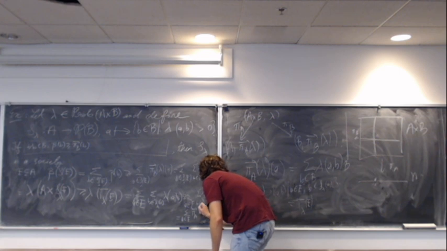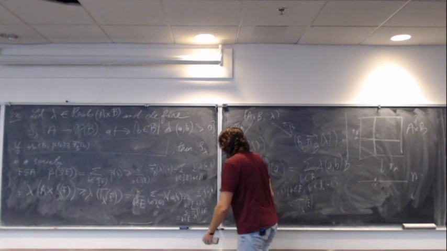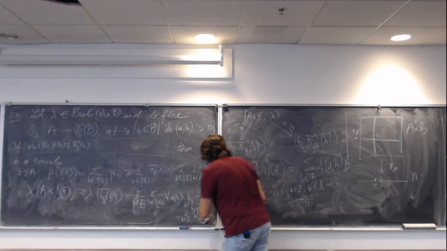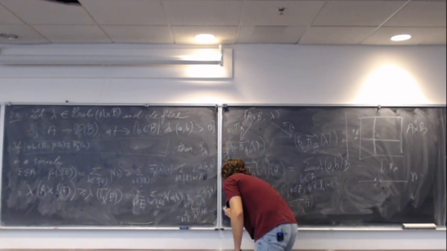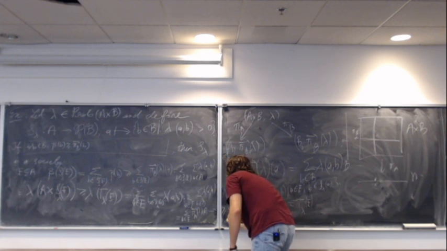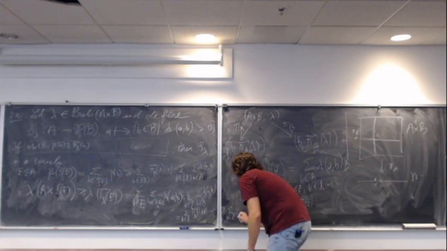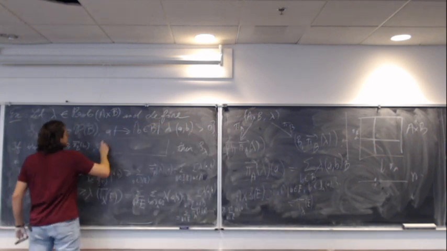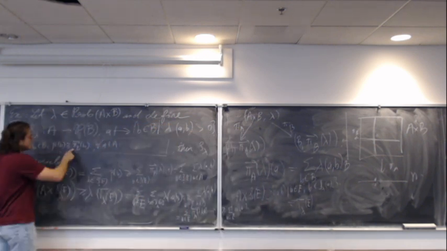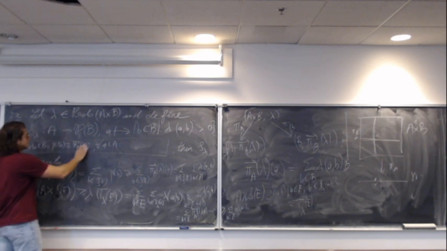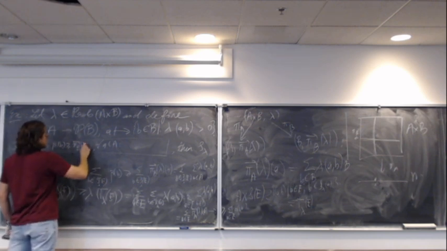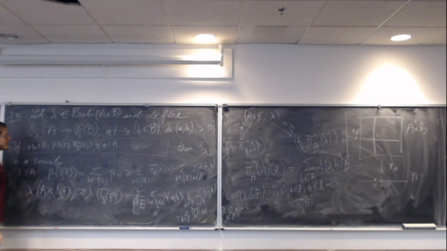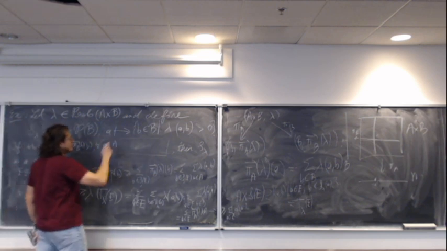Push lambda to A of A. So here I need, so this is equal actually, and then this I want to dominate alpha of A, so that the second assumption is that if I were to push lambda onto B, onto A, it should dominate alpha.